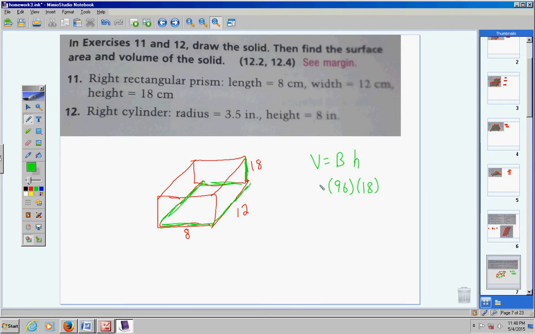And if we take 96 times 18, we are going to get 1,728. That would be cubic centimeters, because we're dealing with centimeters in the problem up here. Centimeters, centimeters, and centimeters. Alright, so that's the volume and the surface area. Moving on now to number 12.